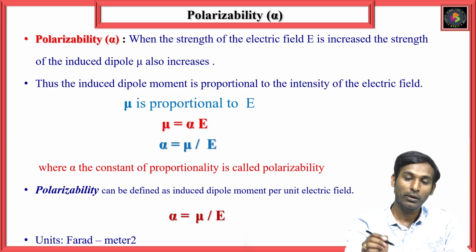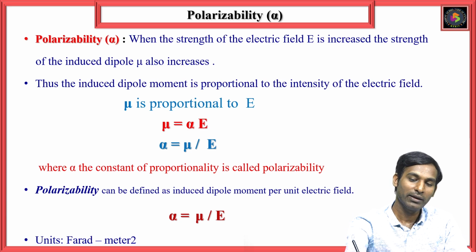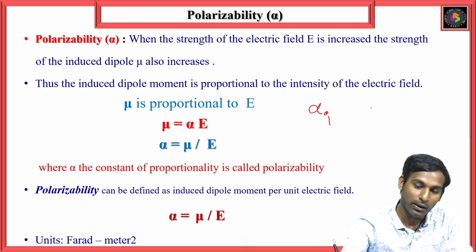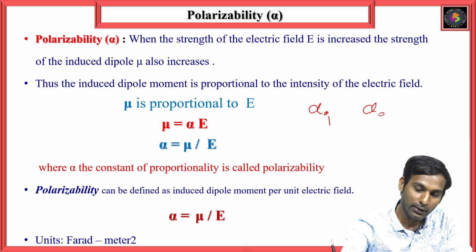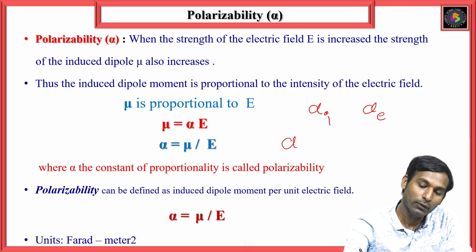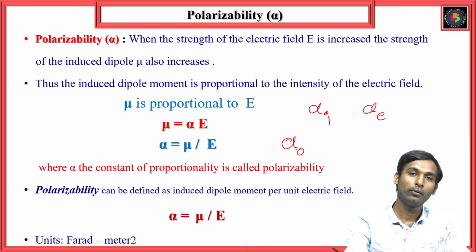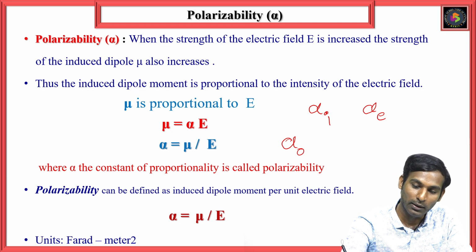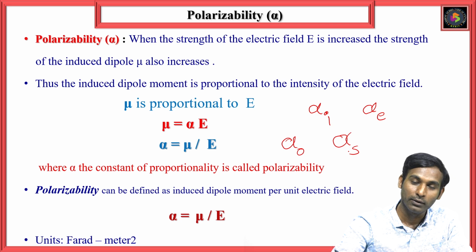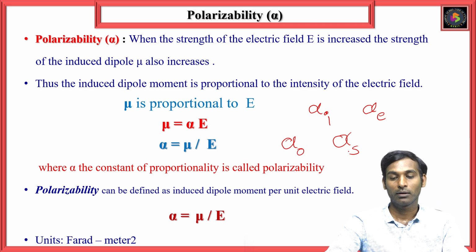With the help of polarizability, we can calculate alpha I for ionic polarizability, alpha E for electronic polarizability, alpha O for orientation polarizability, and alpha S for space charge polarizability.